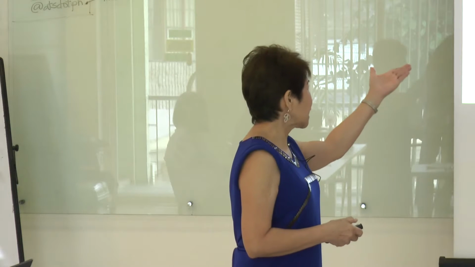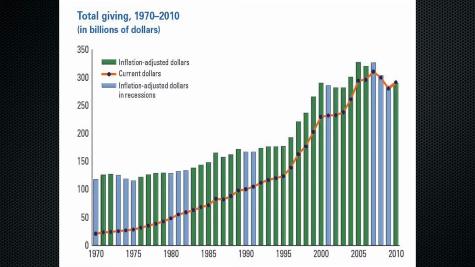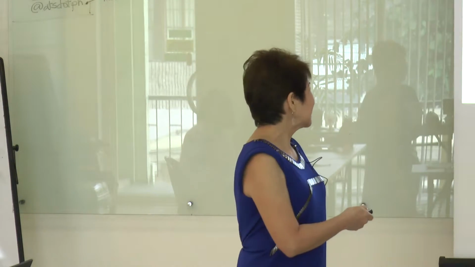So we have not really maximized people's giving. So we still have a lot of job to do to encourage people to give, to encourage them to be generous. And this has a potential to increase 200, 300 times. If people are just faithful about tithing and giving, the 300 billion can become 600 billion or 900 billion.